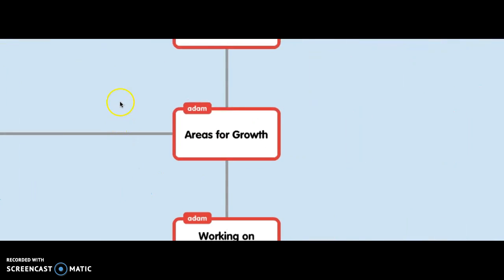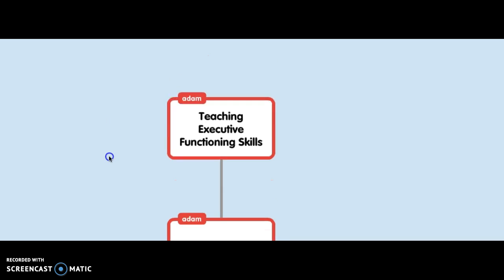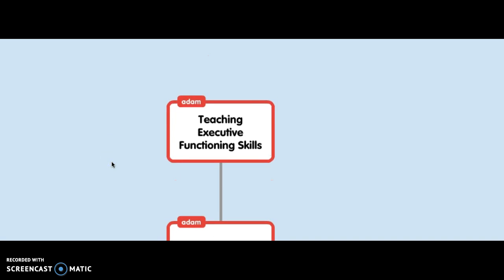So one area for growth for me is teaching executive functioning skills. I found it interesting in Module 3 when we were learning about self-regulation and executive functioning skills, and I realized that I'm not specifically teaching this, and I think that that's an area where my students are really deficient.